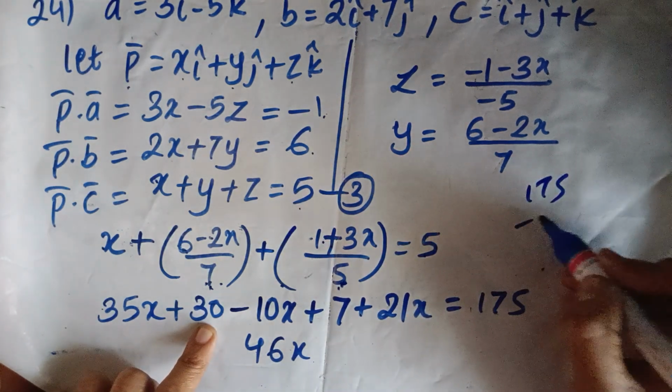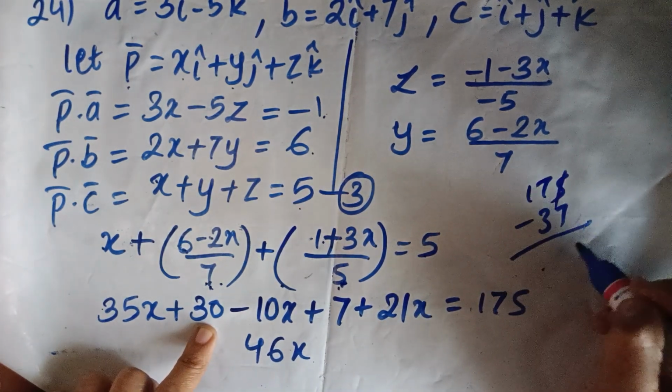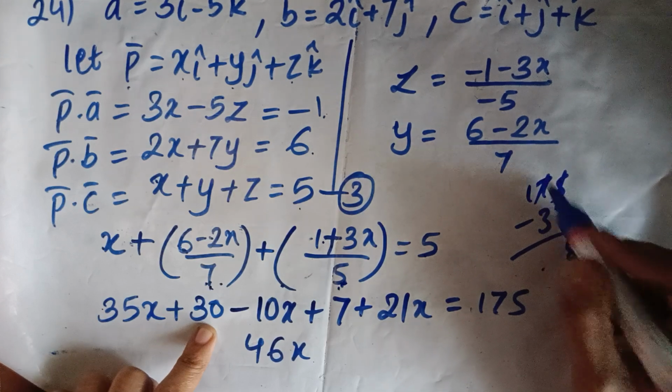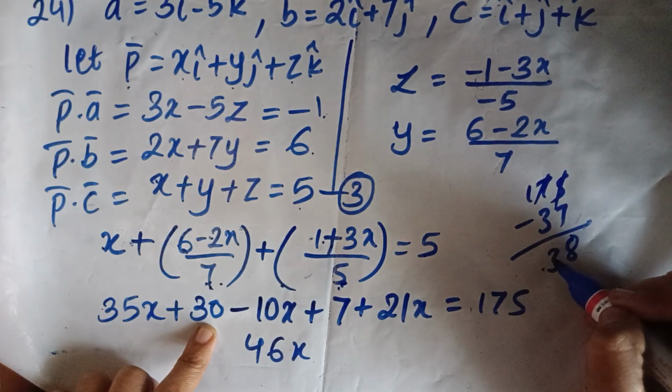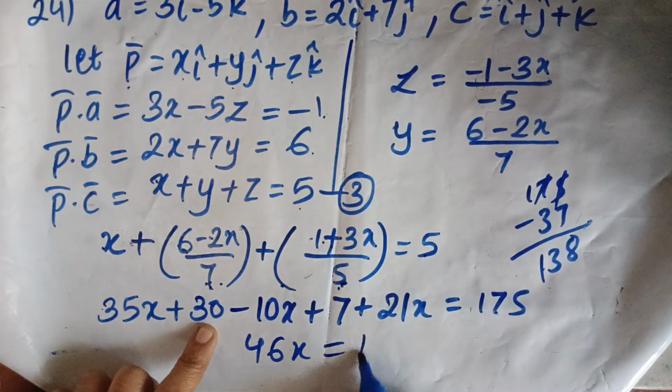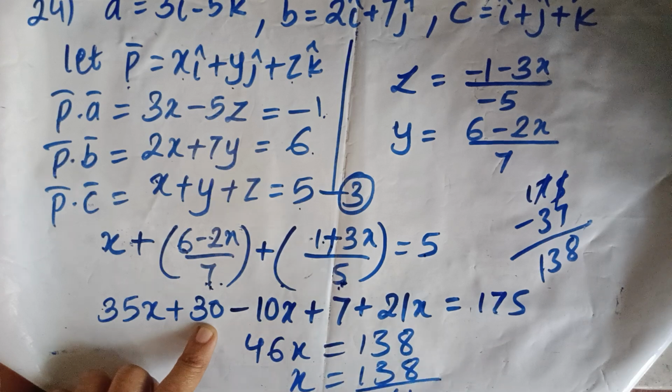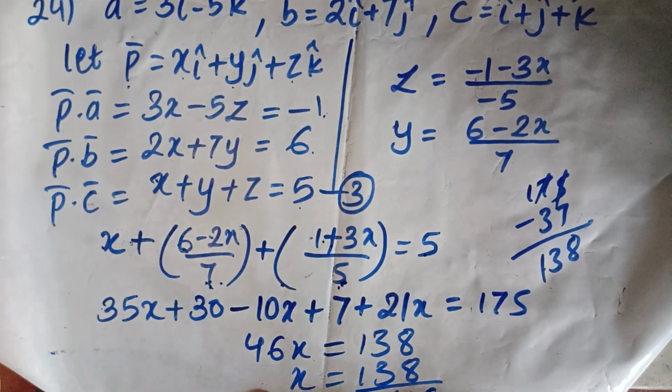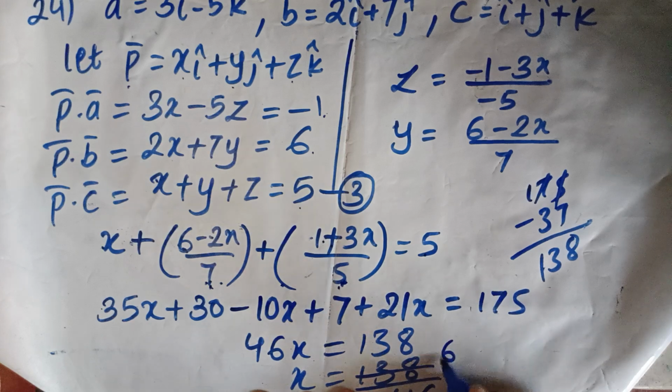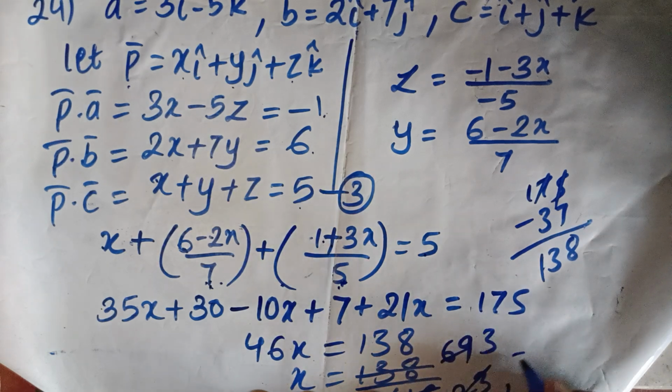So 175 minus 37, 138. So x is 138 divided by 46, threes.